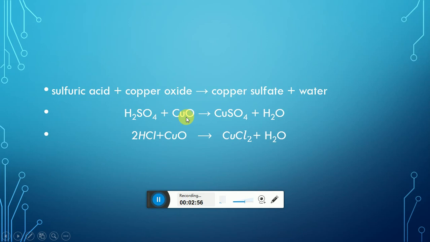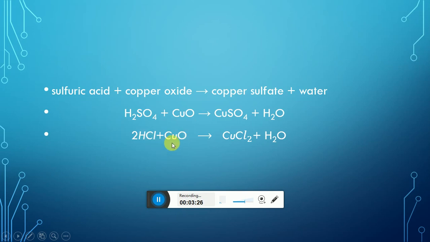Similarly, if we look at the left side of the second equation, 2HCl, which is hydrochloric acid, stands for 2 atoms of hydrogen and 2 atoms of chlorine. With copper oxide, CuO, the 2 atoms of hydrogen join with 1 atom of oxygen, and it gives us water, H2O. And in copper chloride, there is 1 atom of copper and 2 atoms of chlorine, so it makes copper chloride.